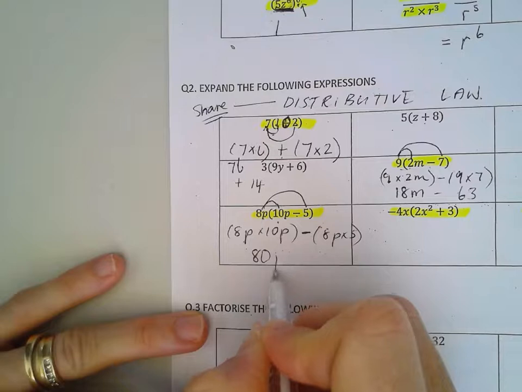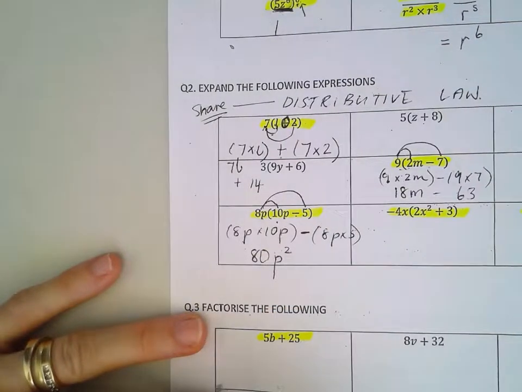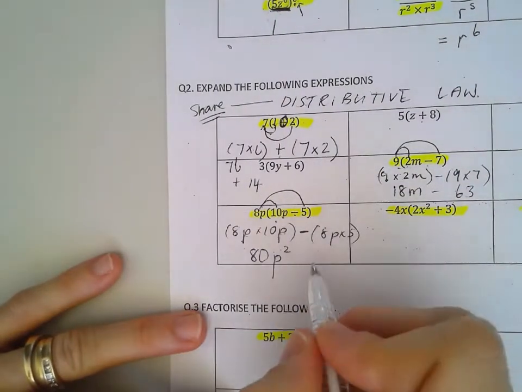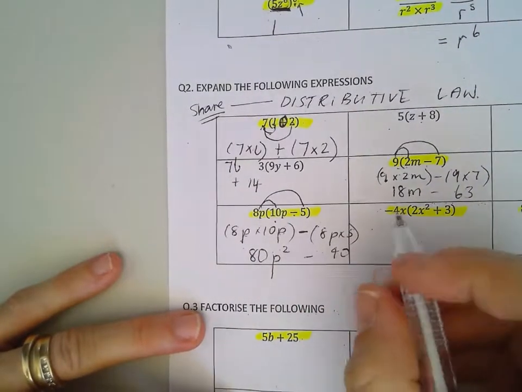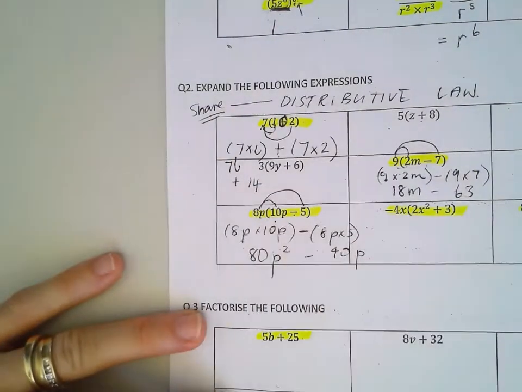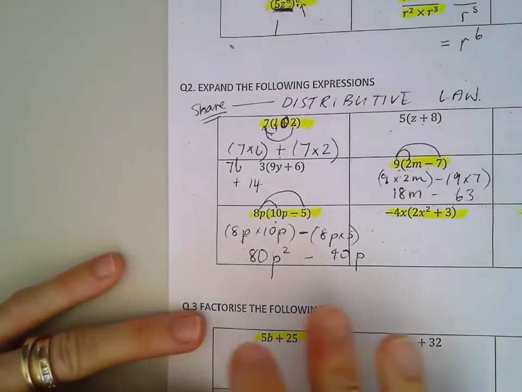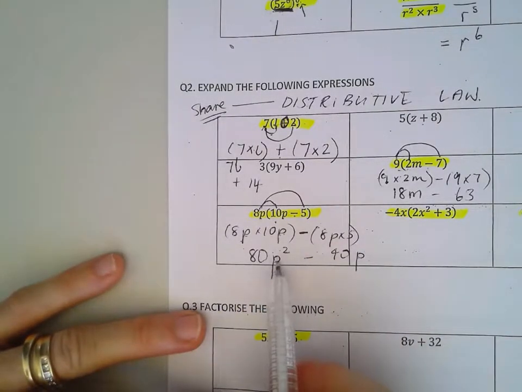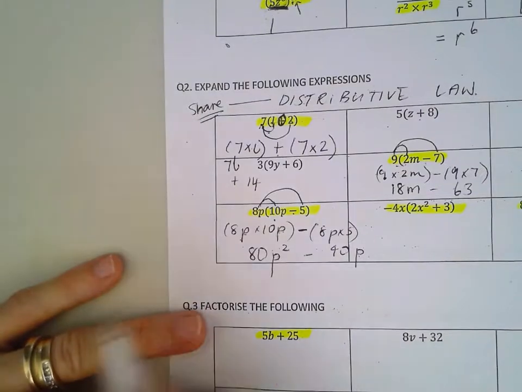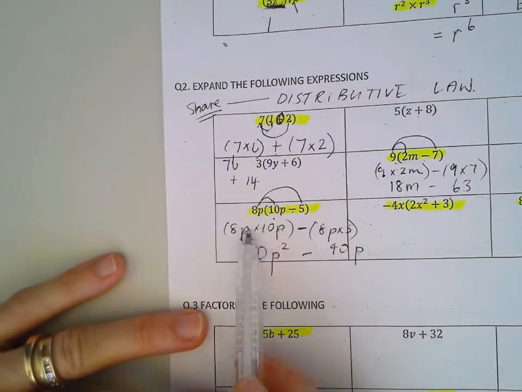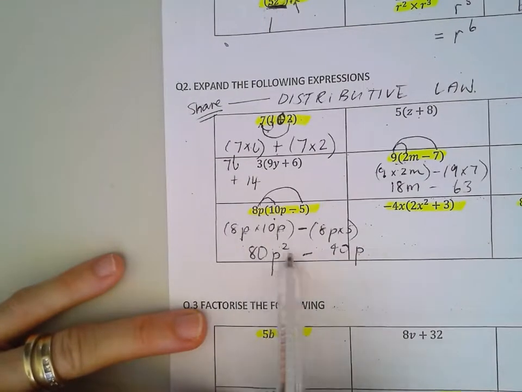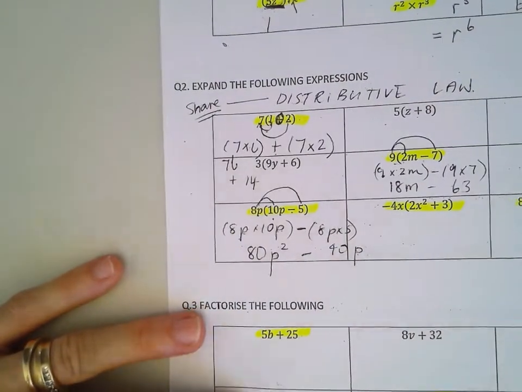And we've got p squared because of the 2 p's. Take away 8 fives are 40p. Okay, you can't subtract those or anything because this is p squared, this is p. So you just expand your brackets, it becomes really clear, and then simplify your two terms.